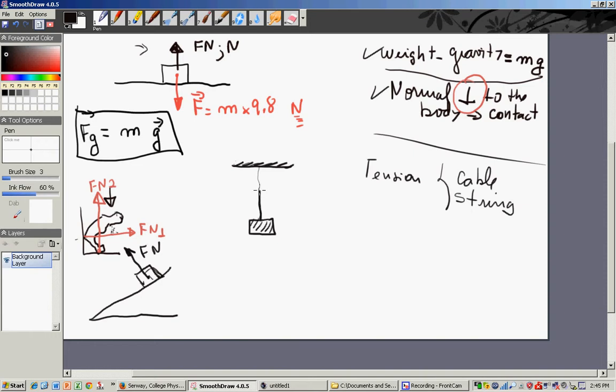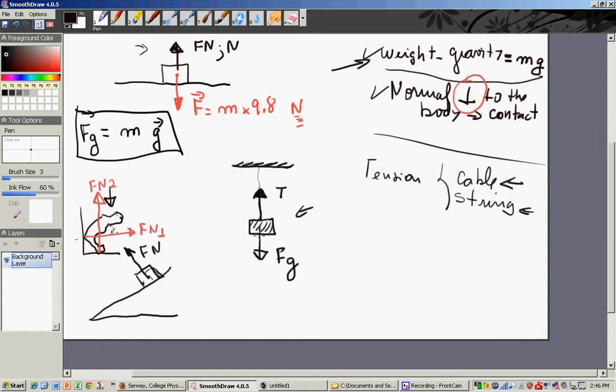So what are the forces acting on the block? Well, I do have a tension force for sure, and I symbolize it by T. The tension force again runs through a cable or string, and in this situation it holds up the block. If the tension force is not there, the block will fall because of what?